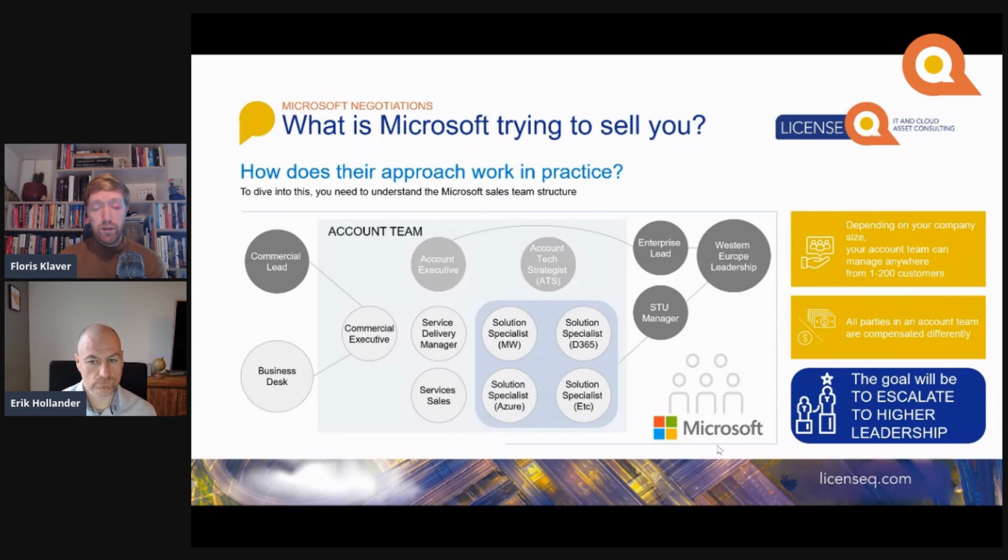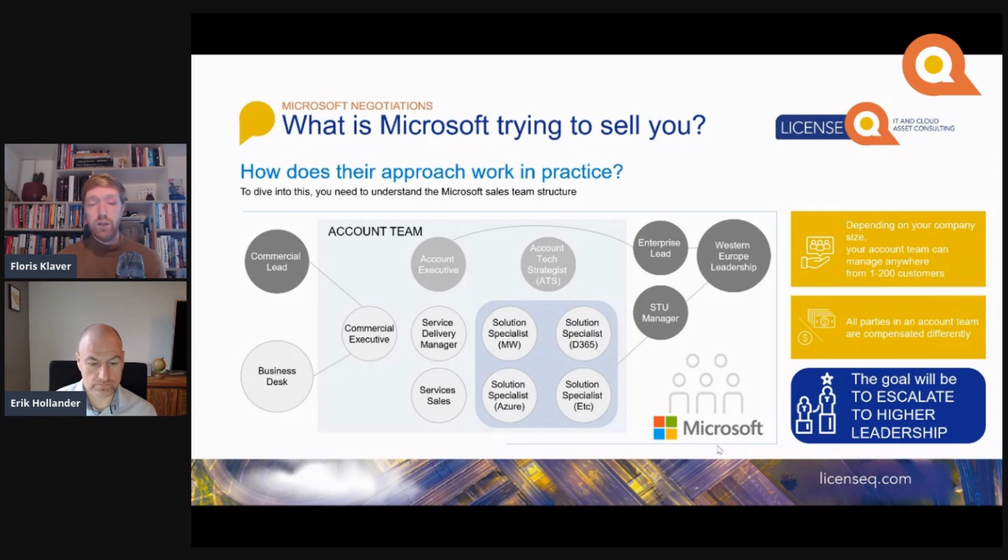Additionally, what is interesting to note is that they're all compensated differently, which means that they will focus heavily on what their compensation is. A modern workplace specialist might have a different idea on what a deal should be than the account executive, because the modern workplace specialist is only compensated on selling E5 products, for instance, while the account executive is being compensated on the sale of everything and anything.